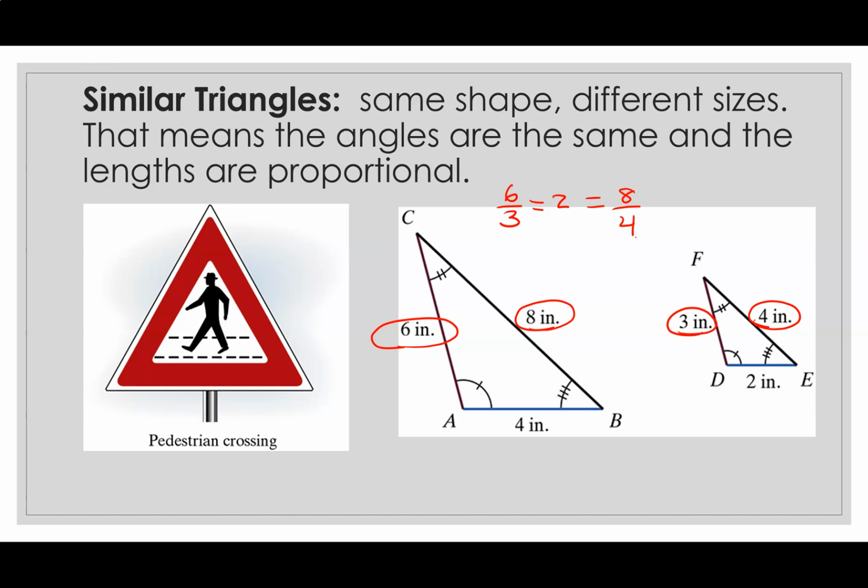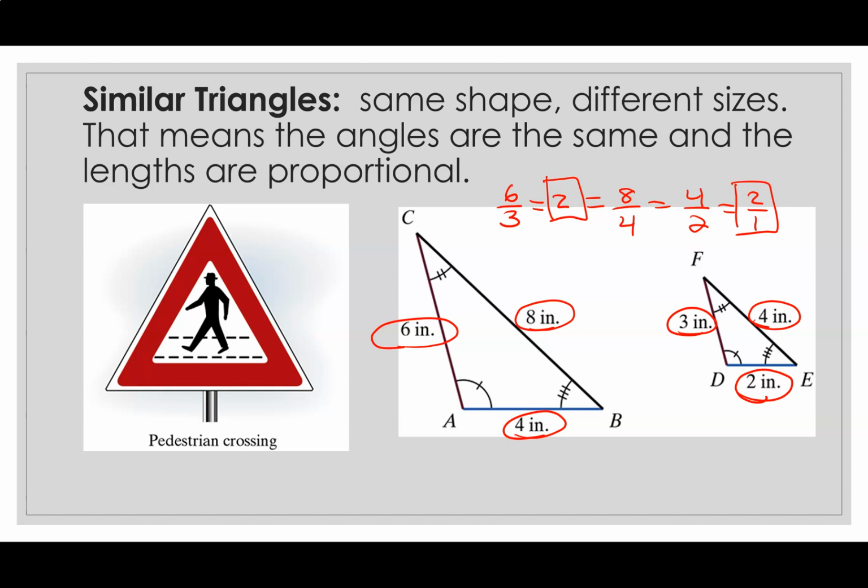And that's what it means when we say the lengths are proportional. 4 is to 2, and that is also 2. So all of these are proportional because it's the same proportion, and that proportion is 2, or we say 2 to 1.